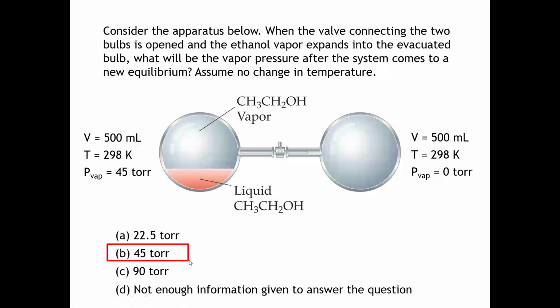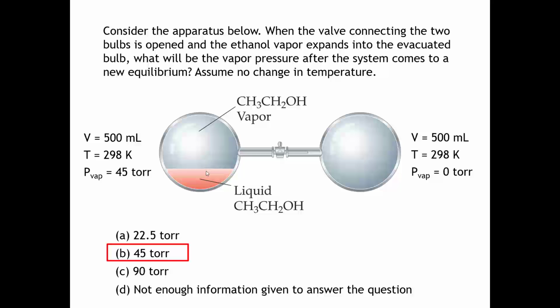Why is that? Well, when we open the stopcock, ethanol molecules from this side are going to go over to the other side. And so initially you probably would drop the vapor pressure, maybe to something close to 22.5 torr. But now the system is out of equilibrium for the temperature here. So the rate at which gas molecules are colliding with the liquid has now decreased.